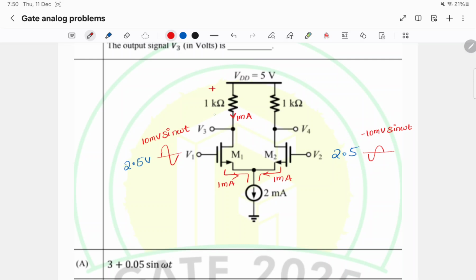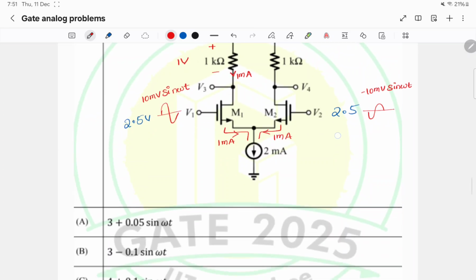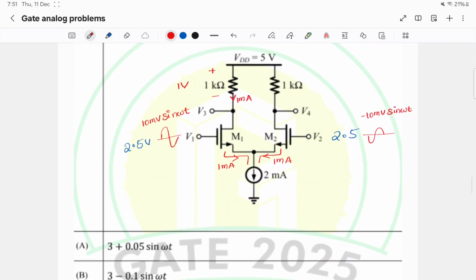So the voltage drop across this is 1 volt. So V3 DC is nothing but 5 volts minus 1 volt, that is 4 volts.